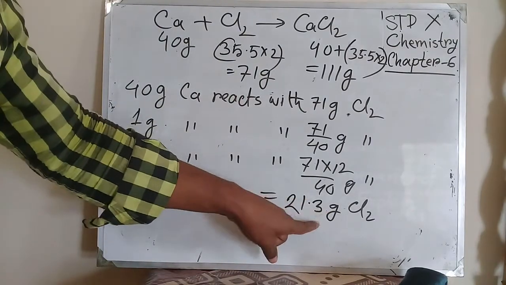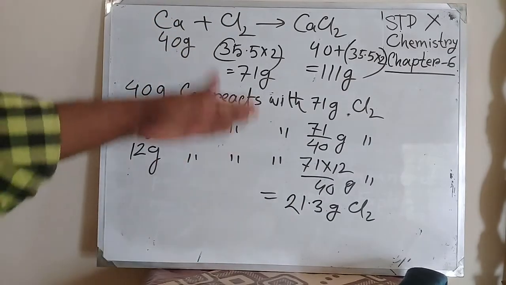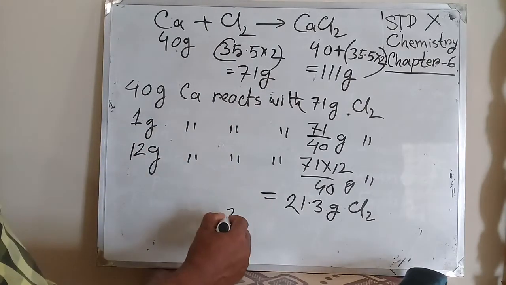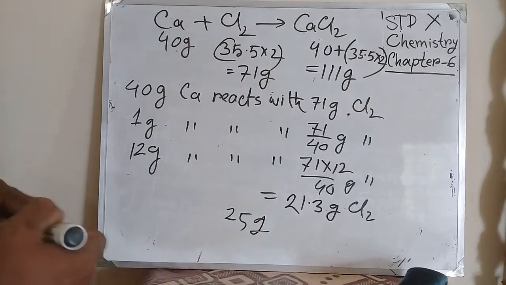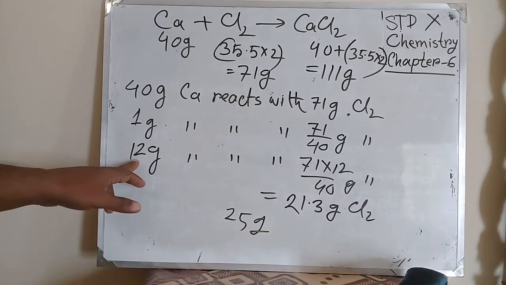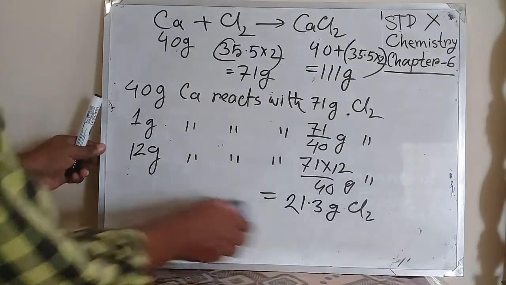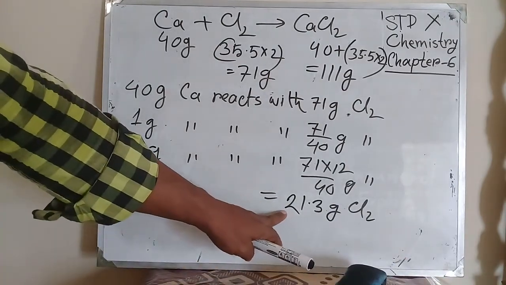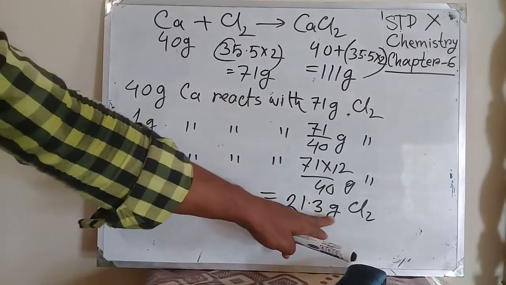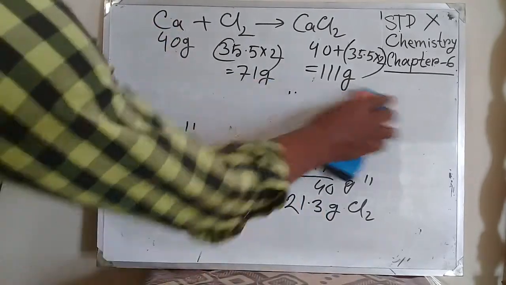So 21.3 gram will react with 12 gram calcium. For a proper reaction with 25 gram chlorine we need more than 12 gram calcium, but we have taken only 12 gram, so we need to calculate the mole of chlorine using 21.3 gram, because here calcium is the limiting reactant.